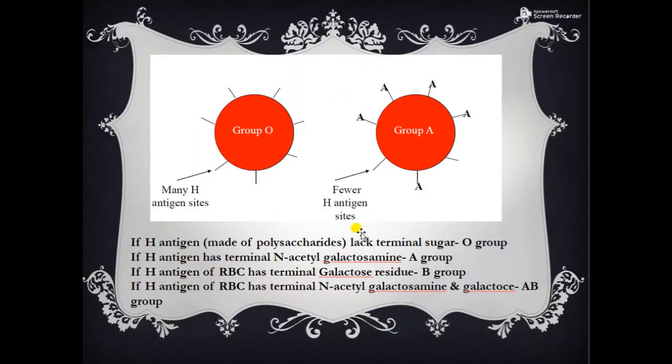If the H antigen has a terminal galactose residue at the end, it will constitute the B group. And if the H antigen of the RBC, which is present in all blood groups, has N-acetyl galactosamine coding for the A blood group as well as galactose coding for the B blood group, then the blood group is considered AB.